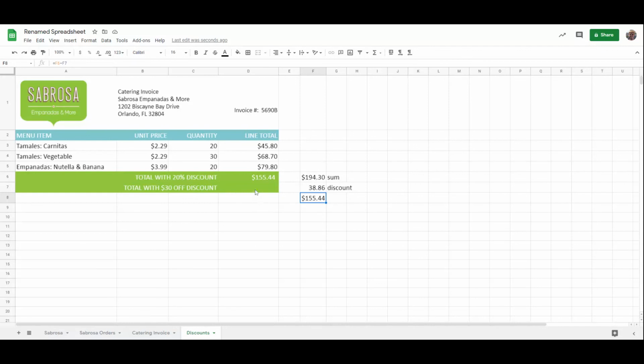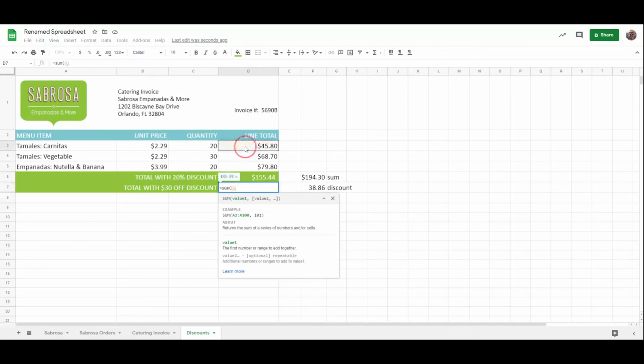The other option they have is to get the total and have $30 knocked off the price. Well, I can already see that the discount of 20% off is greater than $30 off. So it looks like we're going to recommend they go with a 20% discount instead. Anyway, we're going to find the sum of rows 3, 4, and 5.